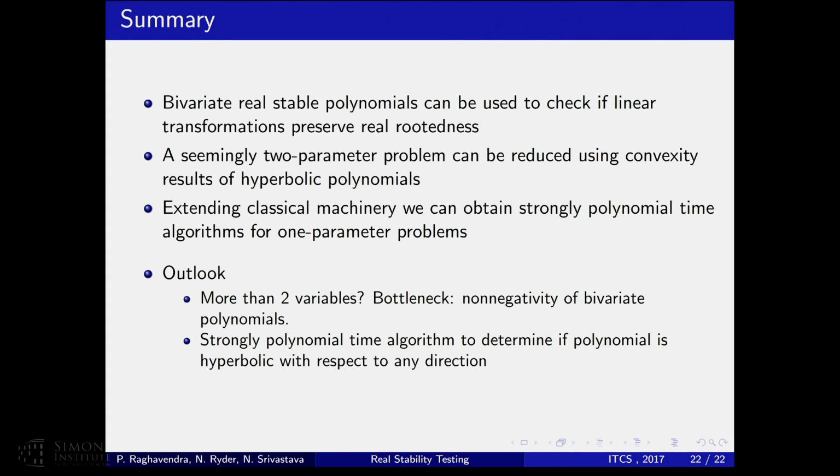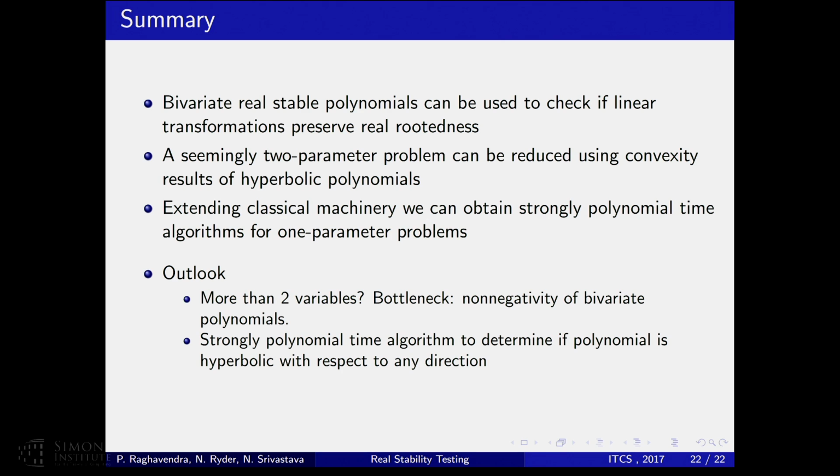Outlook. For more than two variables, the biggest thing seems to be non-negativity of bivariate polynomials. We're not aware of any algorithm to determine in strongly polynomial time if a given bivariate polynomial is non-negative, although I'd love to hear if anyone knows more about that. Another way forward is to determine if there's a strongly polynomial time algorithm.